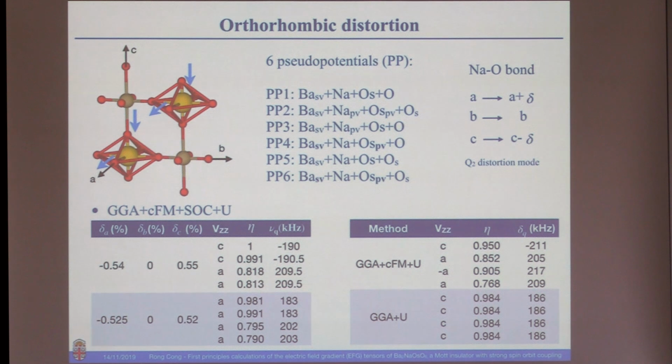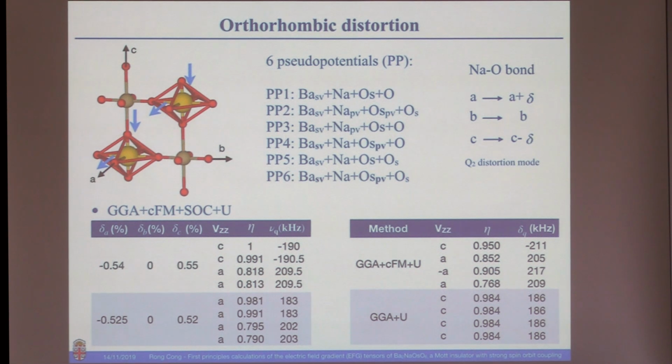That can explain why the satellite has a broad line width, because it's much larger than the normal dipolar broadening, which is usually only kilohertz, while the line width is about 50 kilohertz in the experiment. So this might also play a role here.